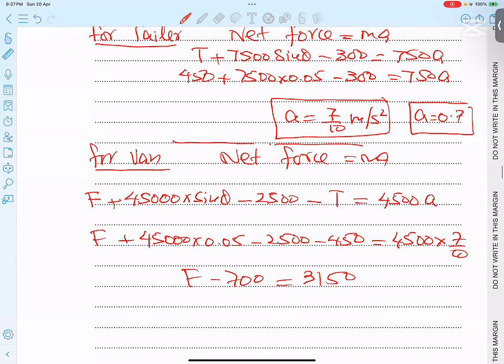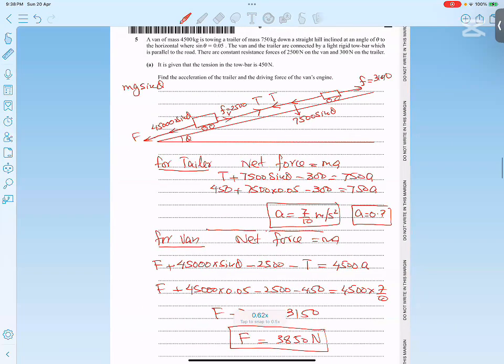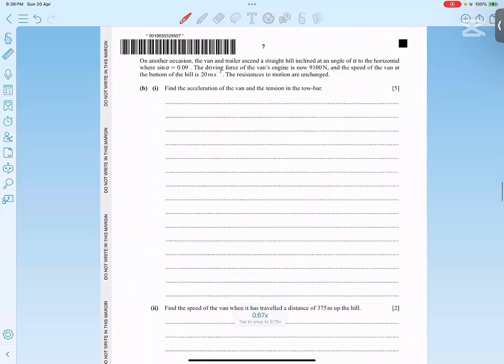So 3150 plus 700, we got it: F is equal to the driving force, 3850 newtons. So Alhamdulillah, part one is very, very clear. Let's go for the next part.